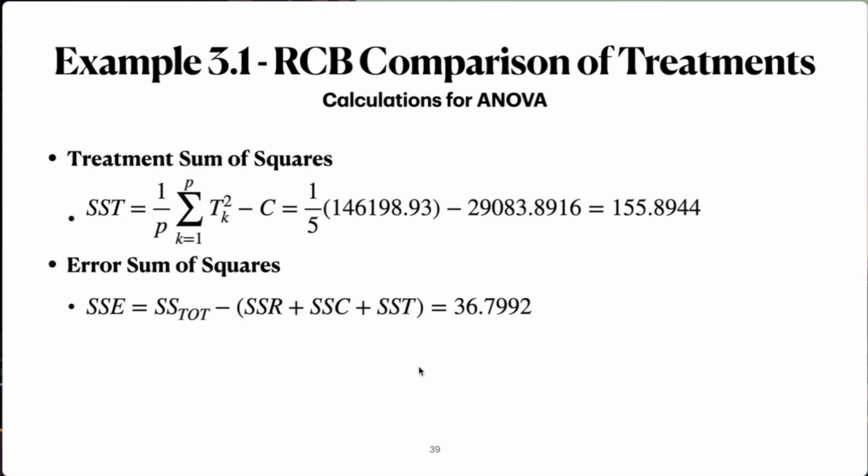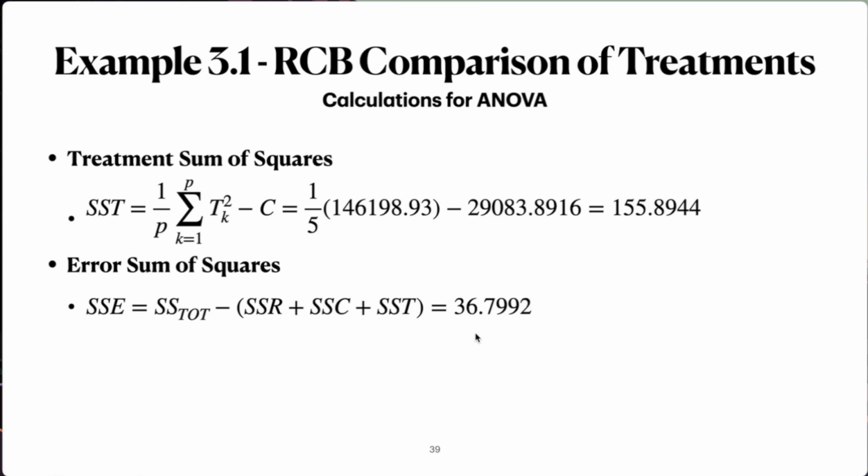Once we have the total sum of squares, the sum of squares for rows, columns, and treatments, we obtain the sum of squares error by subtracting from the total sum of squares the sum of the sum of squares for rows, columns, and treatments.